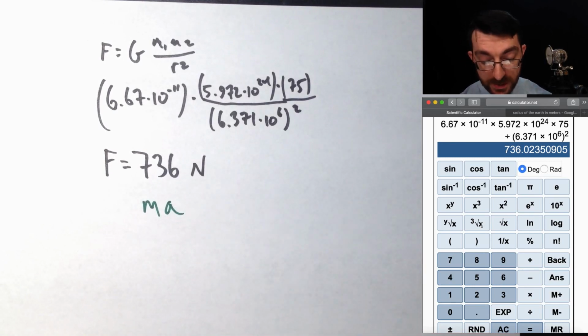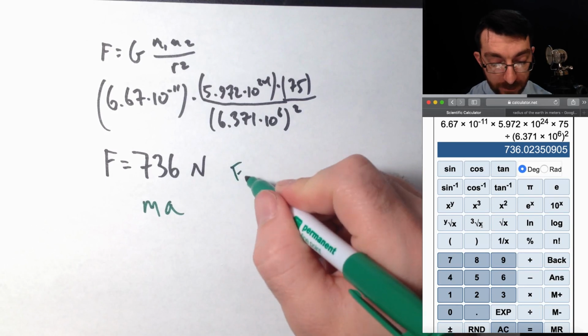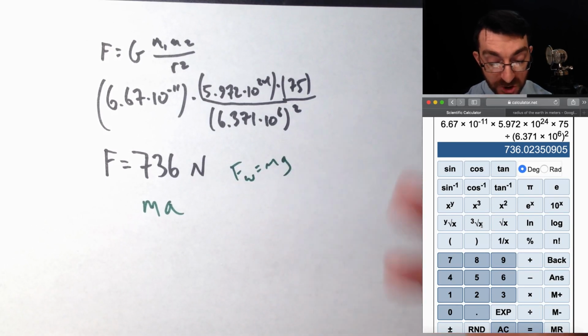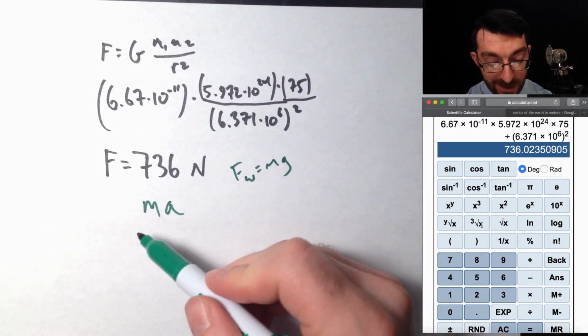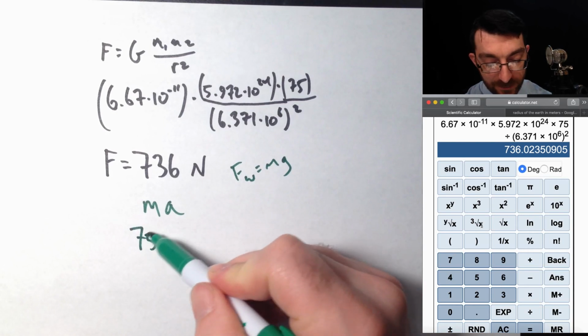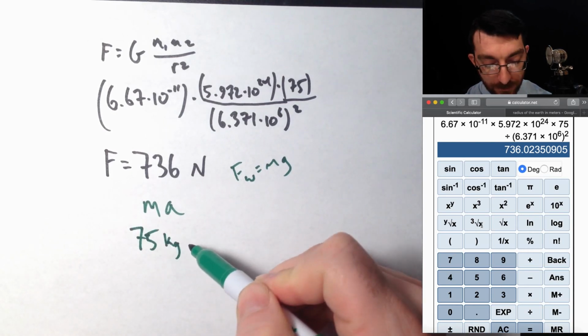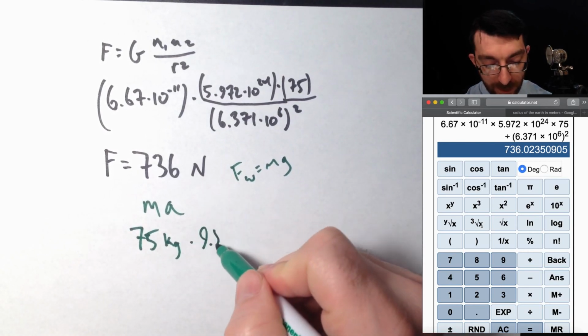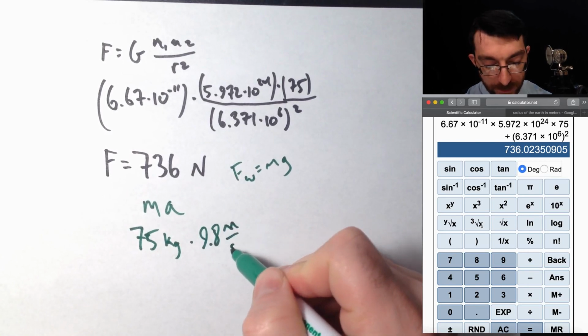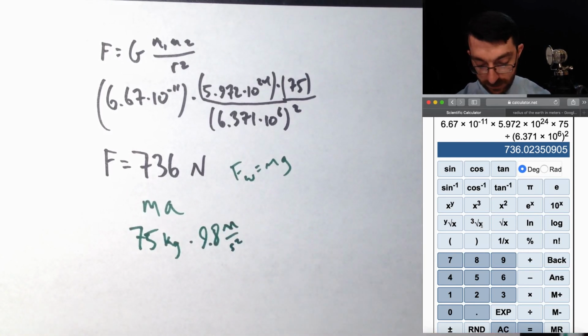So the question is, if we had just done ma, or in the case of the actual equation for weight, mg, is it the case that this is my 75 kilograms times the 9.8 meters per second squared of gravity? Let's see, within a rounding error, of course.